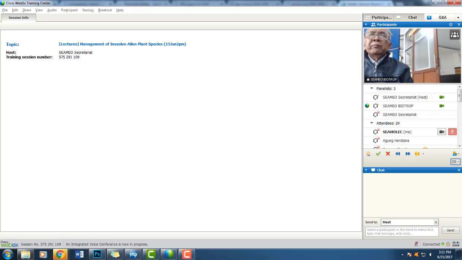Oh yes, I'm happy. There are a lot of participants, and mainly the younger ones. And we are depending upon you on how to manage invasive alien species in the future. And this technology, I like this one because it will distribute the information quite rapidly rather than through a written article, which takes time.